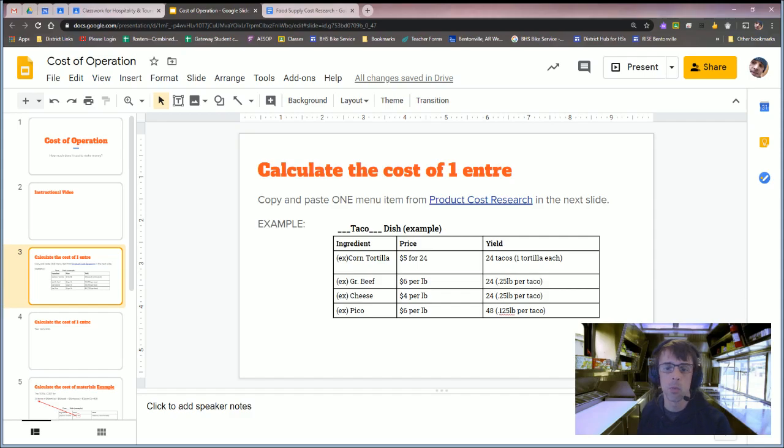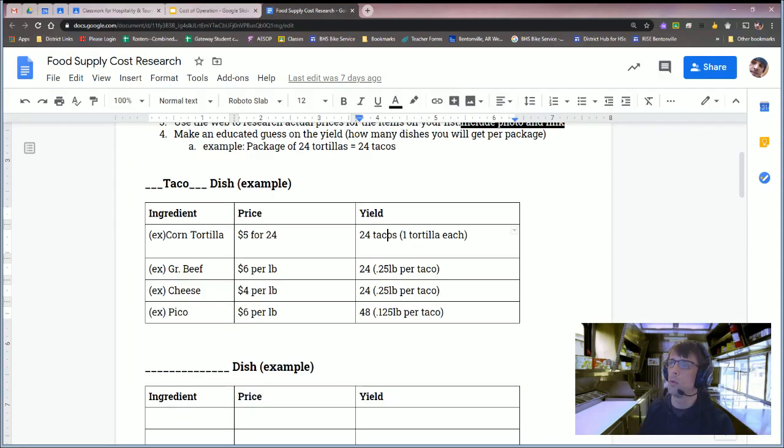And you're going to need some work from last week. You're going to need the product cost research, which is linked here for you. So you can click on that, and that will take you to the menu design work that you did last week. So let's take a look at that. I'm going to copy and paste that into my example slide. So here's my example. I'm dealing with these tacos here. So I would just grab a hold of this whole thing like that.